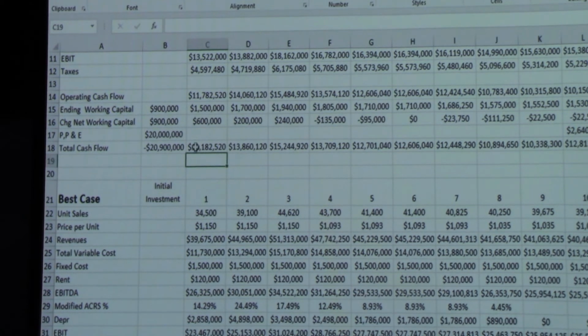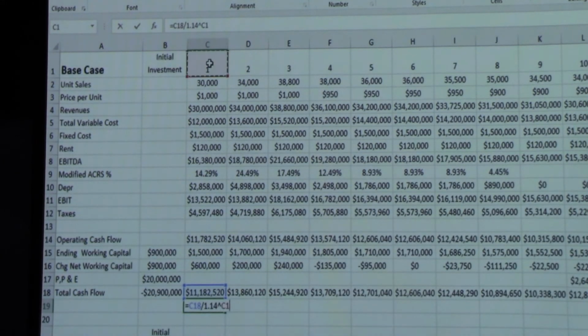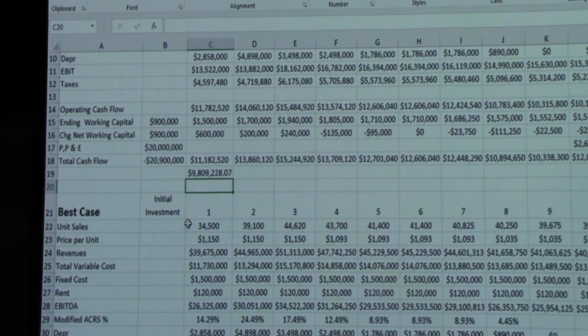So, let's say this equals this number divided by 1.14, and 14% is the weighted average cost of capital that we're given in the case. It says on page 62, the weighted average cost of capital, 14%. And we're going to raise that number to the year. All right, so this is what you would pay today for this number in a year.